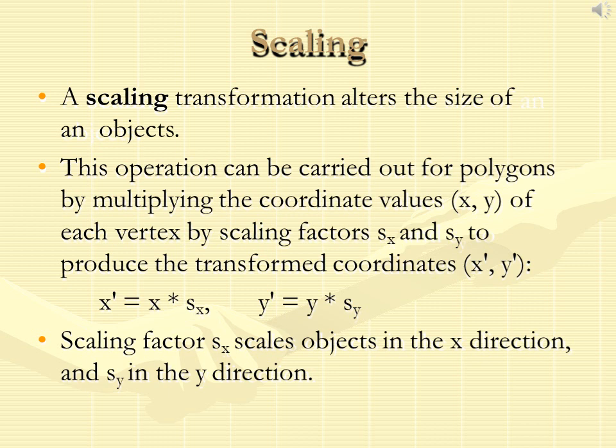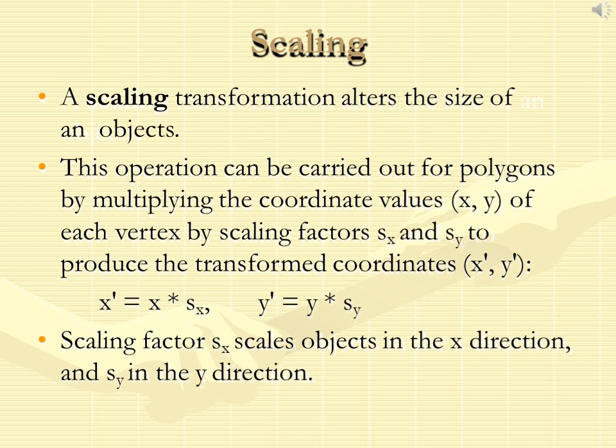These operations can be carried out for polygons by multiplying the coordinate values x, y of each vertex by scaling factors sx and sy to produce the transformed coordinates x dash, y dash. Let us assume that the original coordinates are x, y, and the scaling factors are sx and sy. So the produced coordinates are x dash, y dash.